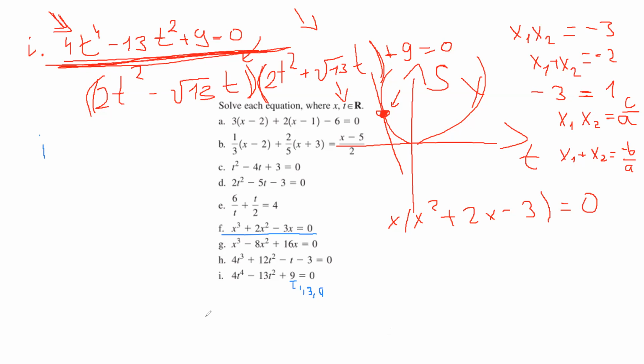Then we take the coefficient of each term. So it would be 4. And you notice how in between the 4 and the 2, there's no cubed.